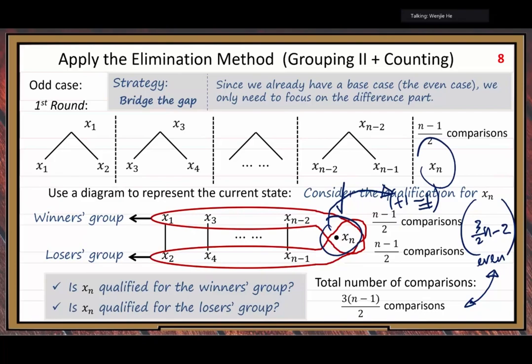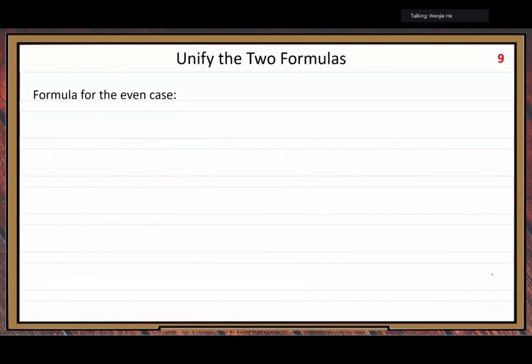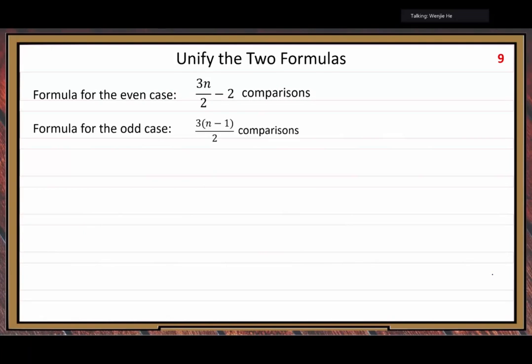Let's unify the two formulas. For the even case, this formula. For the odd case, this formula. In order to use one formula to cover both cases, when n is even, the new formula should equal the even formula, and when n is odd, it should equal the odd formula.